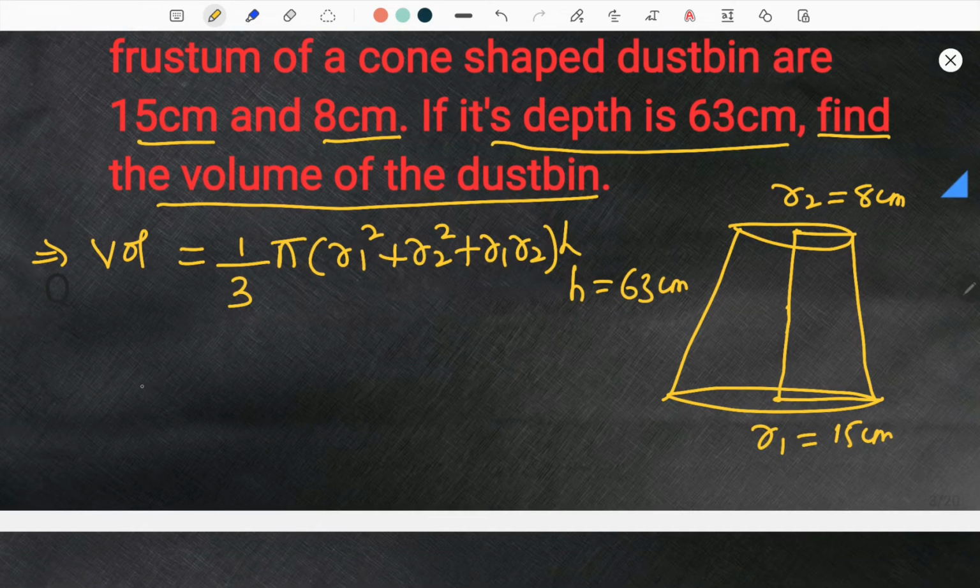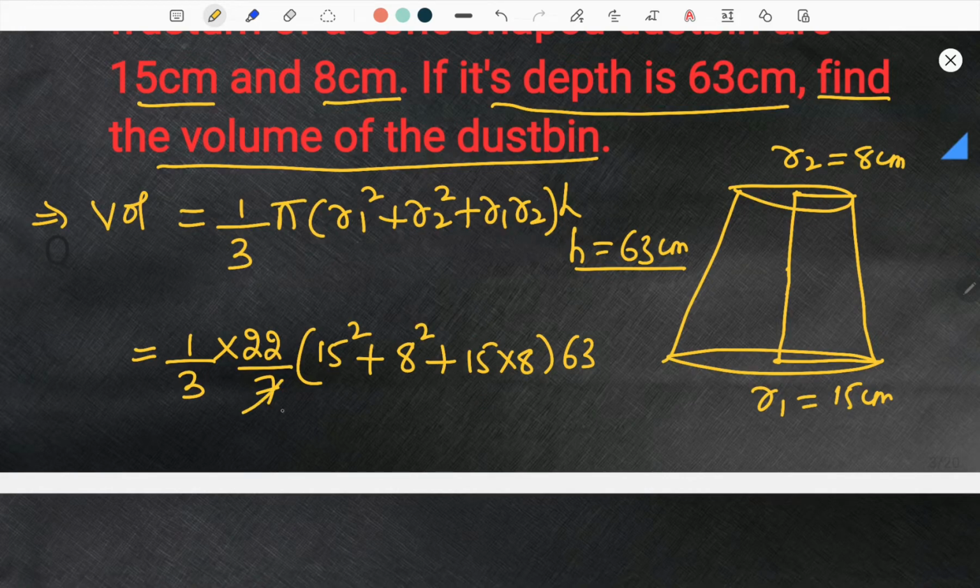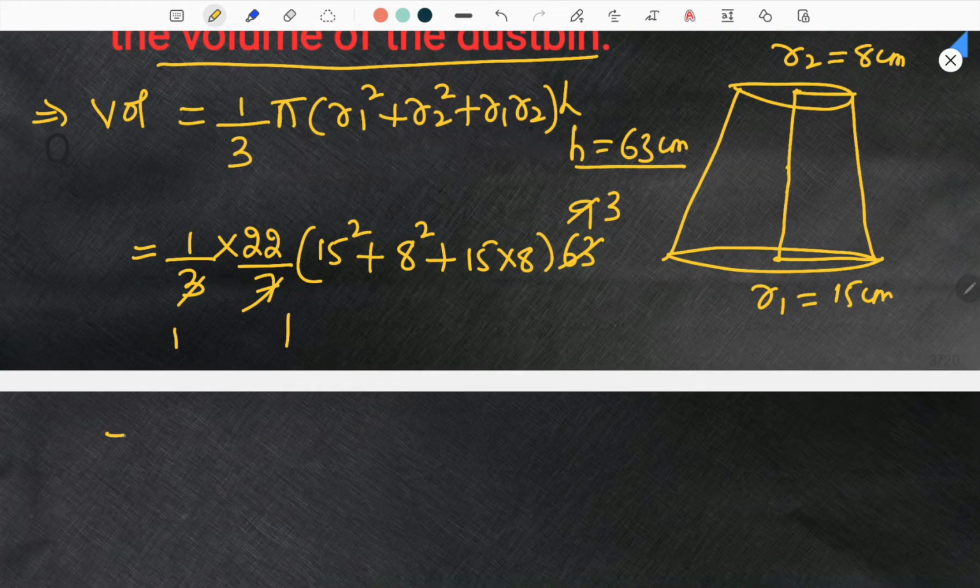Let us substitute all the things. That is 1 by 3 into pi, which is 22 by 7. Then in bracket R1 square is 15 square plus R2 square is 8 square plus R1 R2 is 15 into 8, into H. What is the value of H? H is 63. So it becomes 7 1s are 7, 9 3s are... 3 1s are 3, 3 3s are 9. Now 1 into 22 is 22.